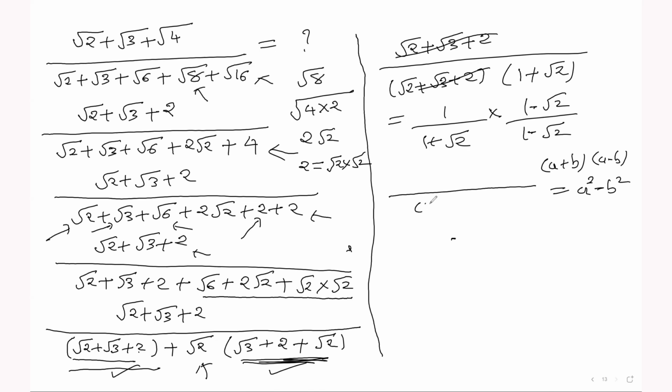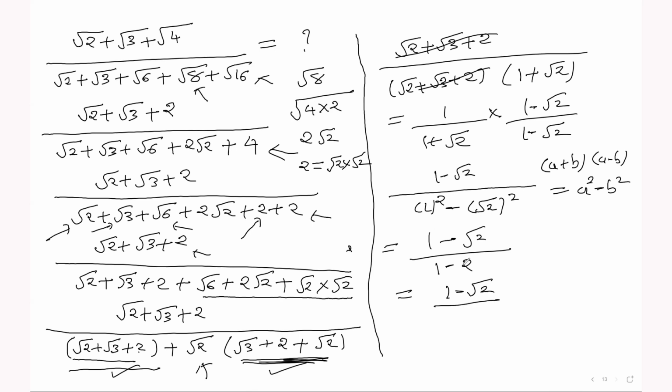That will become 1 square minus root 2 square. On the top, I will have 1 minus root 2. So 1 minus root 2 over 1 square is 1, minus root 2 square is going to be 2, which will give me 1 minus root 2, and 1 minus 2 is going to be minus 1.